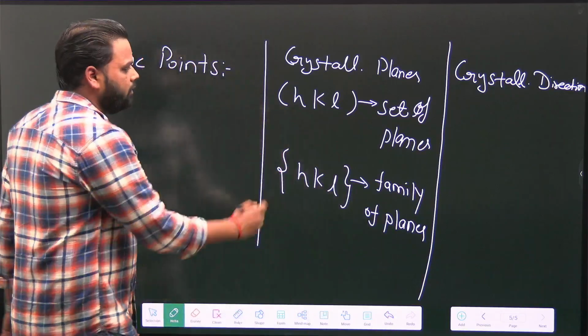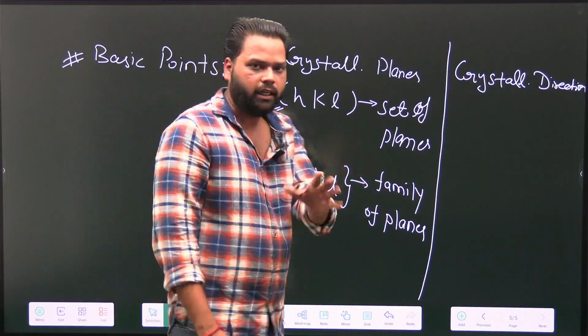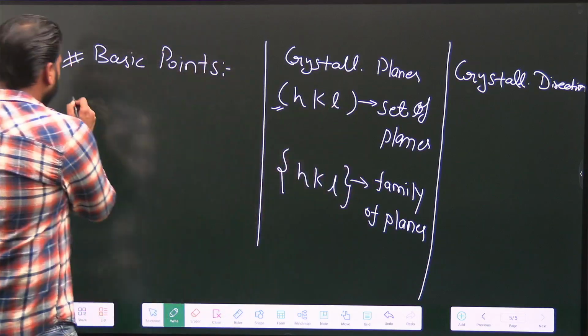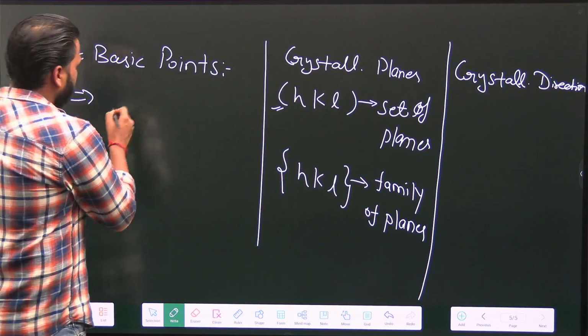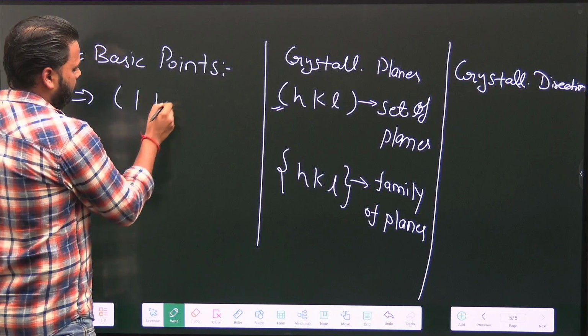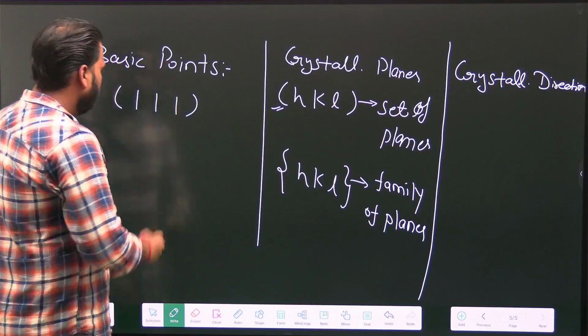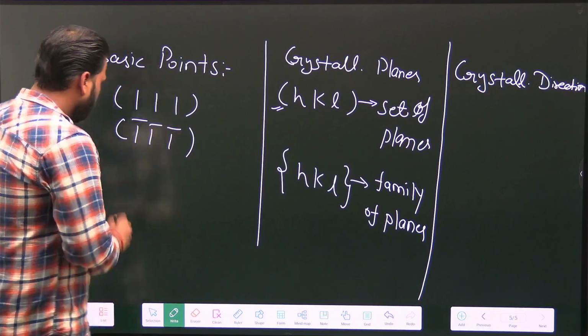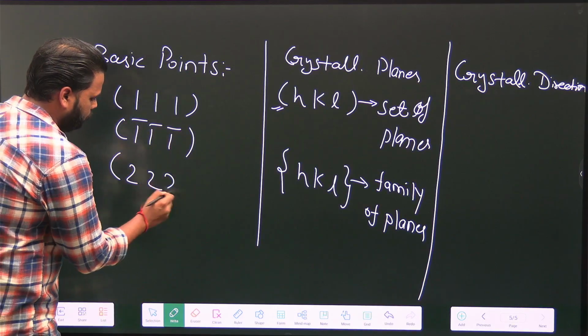Let's first talk about the set of planes, which you know, कल से आप इसी की प्रैक्टिस कर रहे हो. Let's suppose we have the Miller indices as 1 1 1. Other Miller indices is 1 bar 1 bar 1 bar. Other one is 2 2 2.